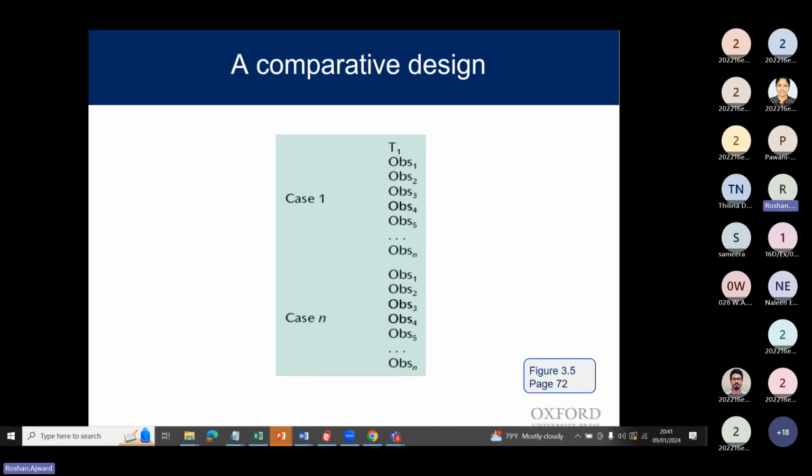Now, for example, if I'm going to compare two students, I have to select a student who's coming from the same background, same age, same district, same subject stream, and see why one student is so successful and the other unsuccessful.